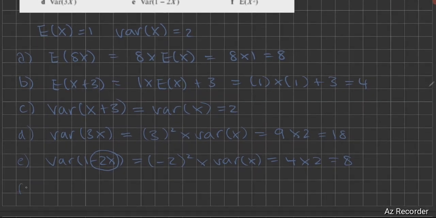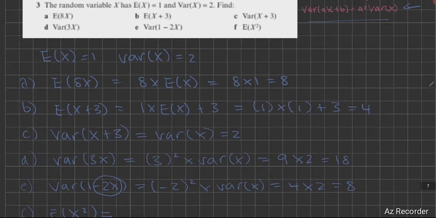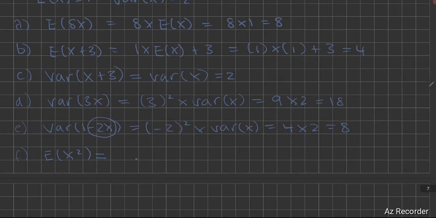Okay, so F, you need to work out E of x squared using the variance rule. So variance is equal to E of x squared minus E of x all squared.